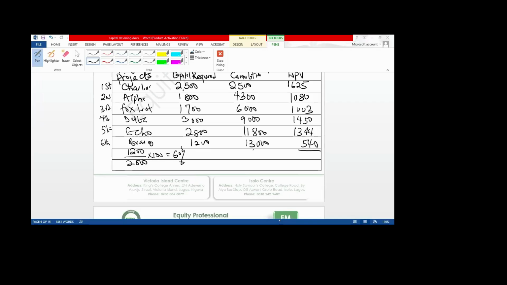Then I'm going to have the total NPV where the projects are divisible. I'm getting 7,042.